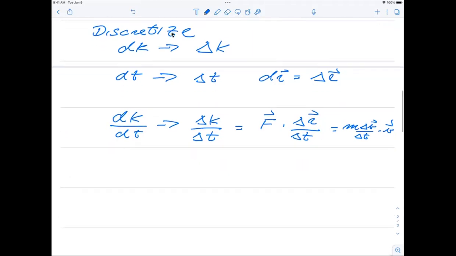And then I can rewrite the expression which I have here for dk when I multiply away delta t. So sorry, this should be a delta k here, is now equal to this force which is acting on the system multiplied with delta r here. So this is just a way to rewrite the change in kinetic energy.